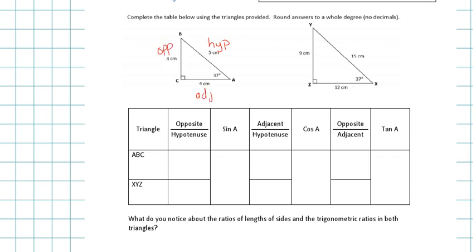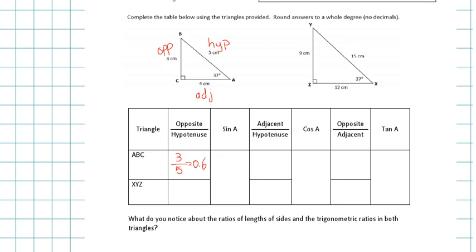Now for triangle ABC, they want you to find the opposite over the hypotenuse. So the opposite is what? 3 divided by, what's the hypotenuse? 5. And what's the answer for that? 0.6. Okay. Now let's do the same thing for triangle XYZ.